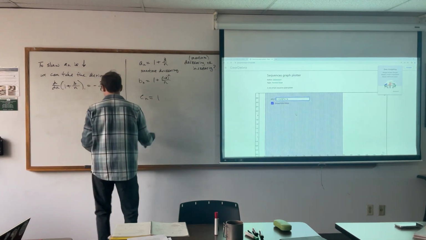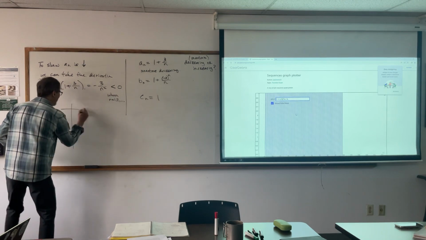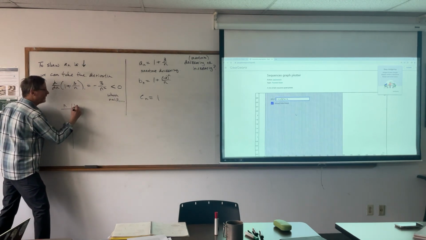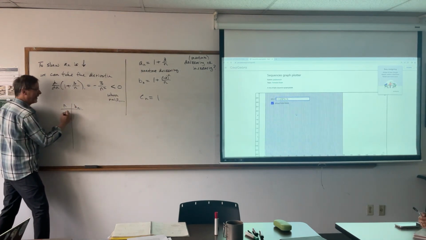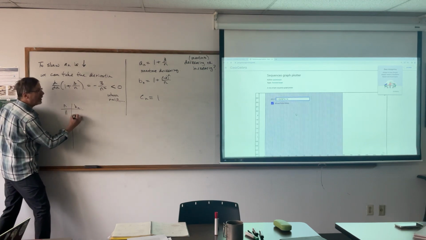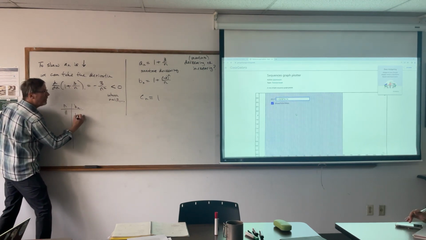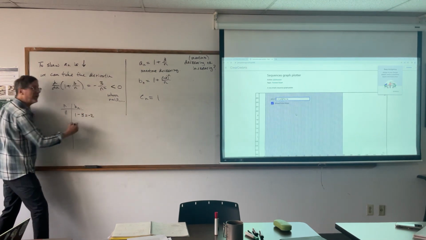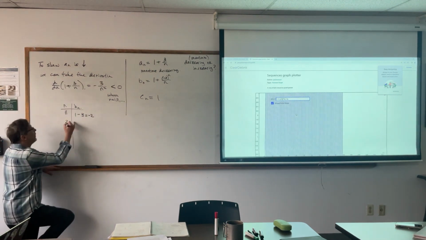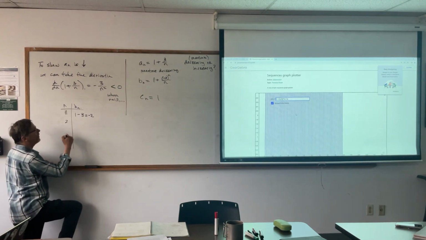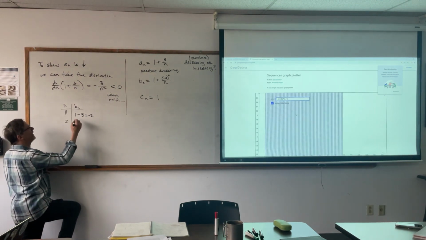Let's take a look at this thing. I'm going to make a little table, d sub n. I'm going to let n equal 1, and I've got 1 minus 3, so negative 2. That wasn't the sequence I really wanted, but it's okay.